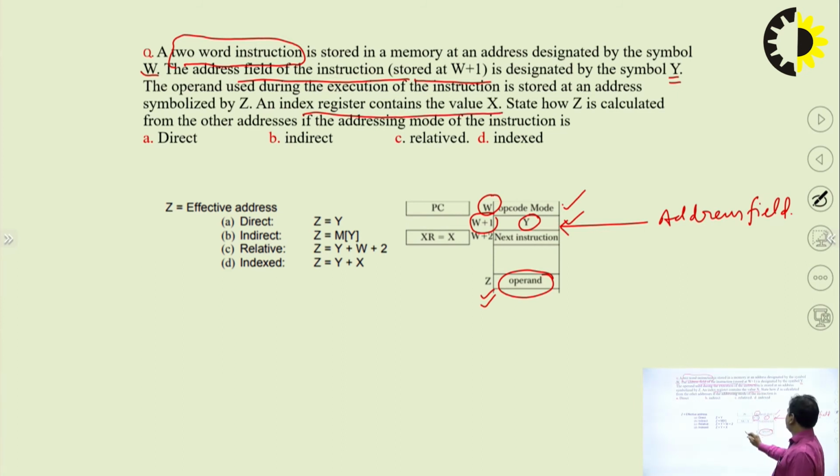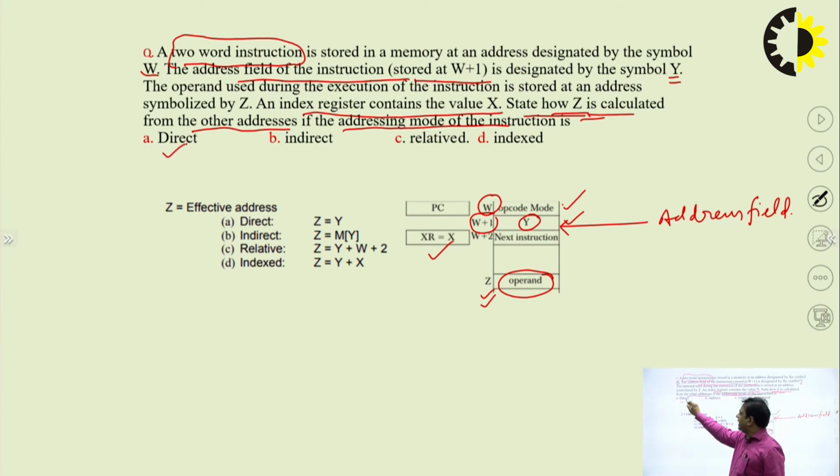State how Z is calculated from the other addresses if the addressing mode of the instruction is number 1, direct.